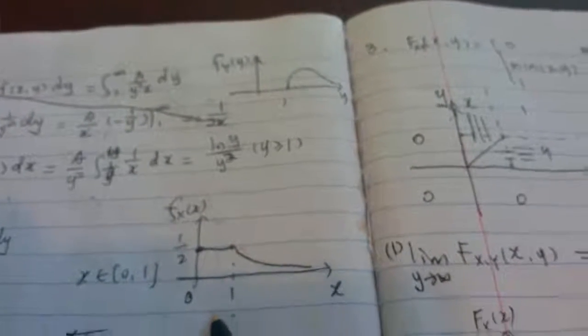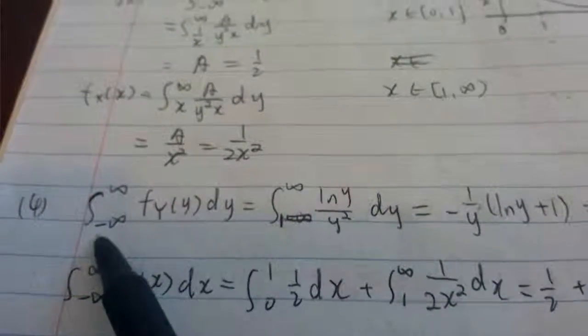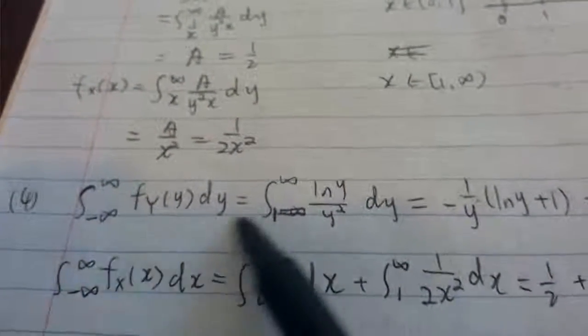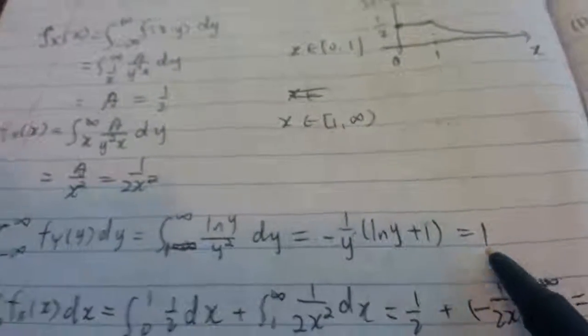Finally, we need to verify these two density functions. So we integrate f_Y of y from minus infinity to infinity, and we know that equals 1.